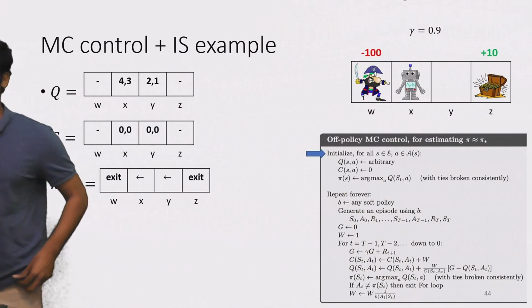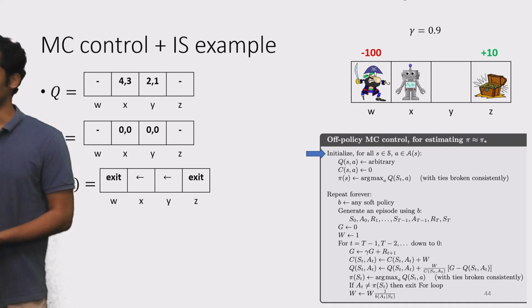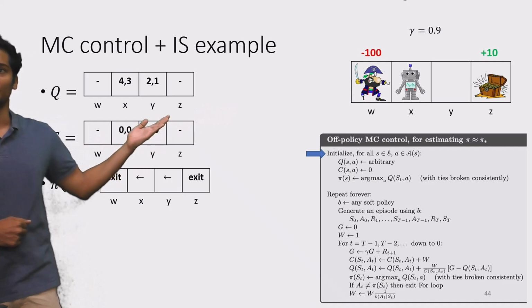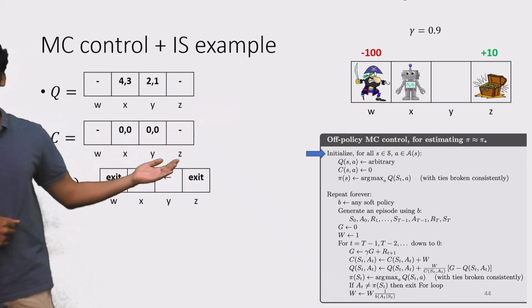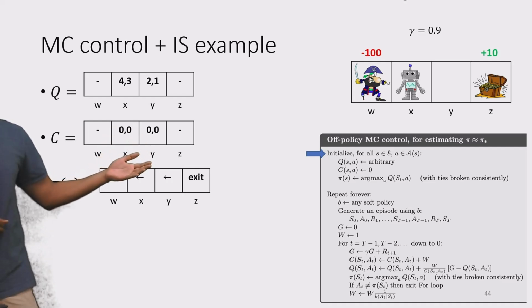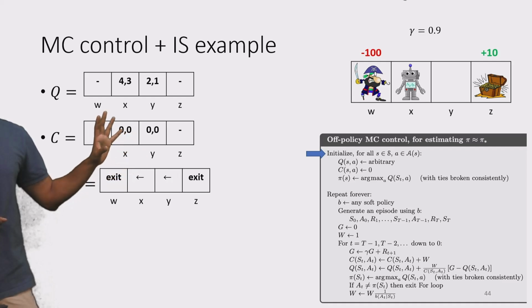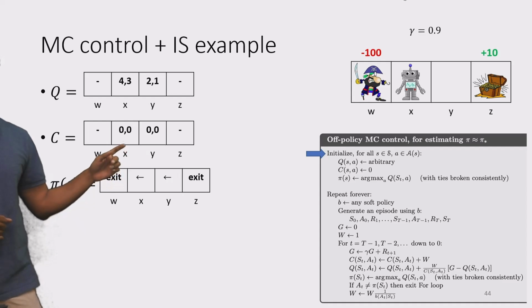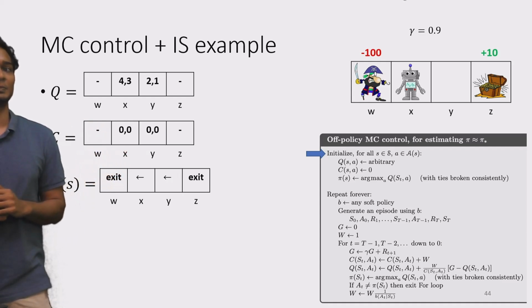Hey, hi everyone. So like we saw before, very similarly, we have randomly initialized Q values. This time we have a list C, which we will use for the weighted version, the normalizing factor.